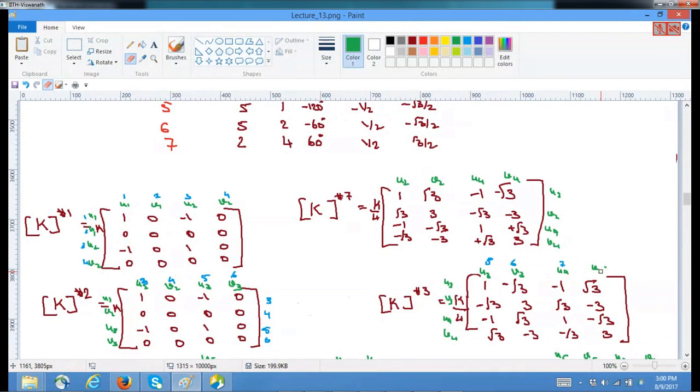This is not U5, this is V4. So that means this is 7 and 8. So 5, 6, 7, 8. Similarly, here would be 3, 4, 7, 8, 3, 4, 7, 8.